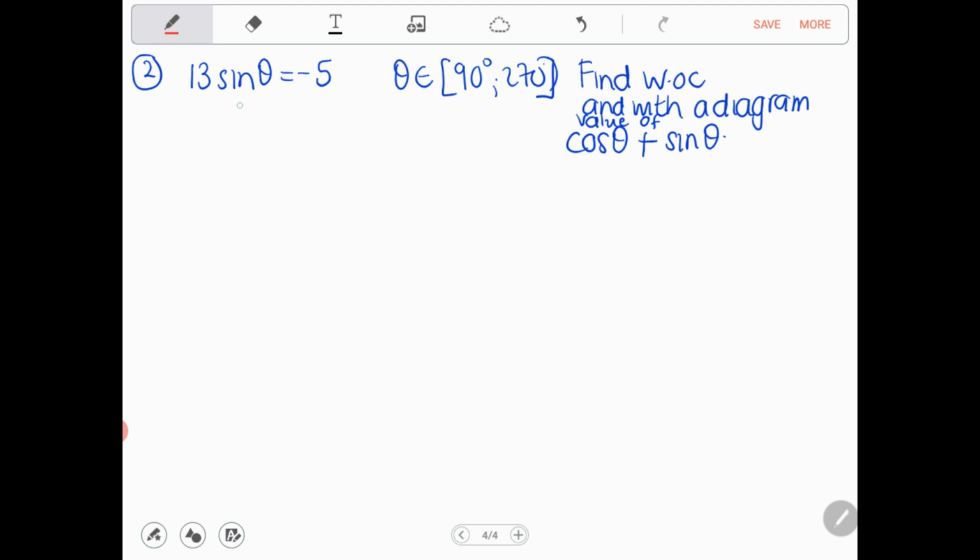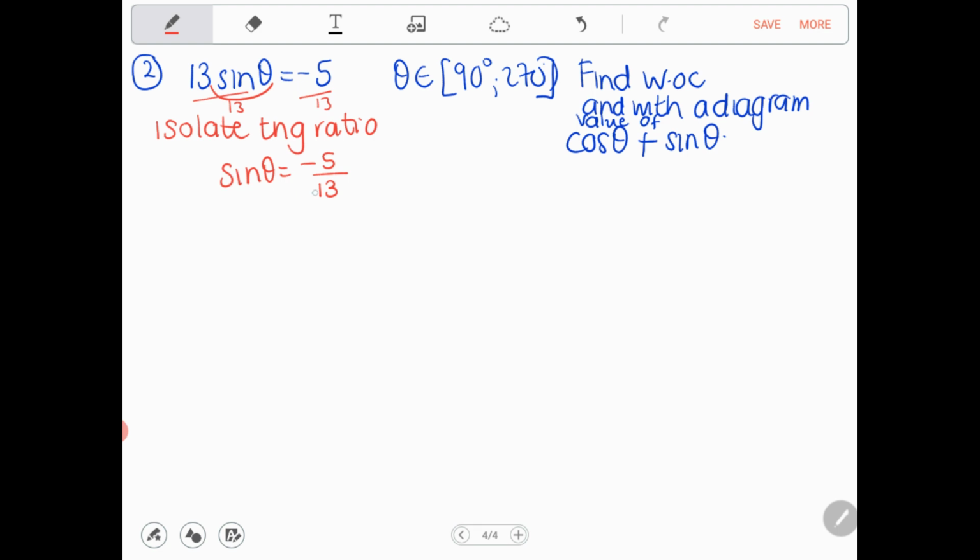Now I can't work out my terminal arm from this. I need to get my trig ratio alone. So with this one, we've even got more work to do. We've got to isolate the trig ratio so you can read it off as a ratio. So for sine theta, we're going to divide both sides by 13, so it's -5 over 13.